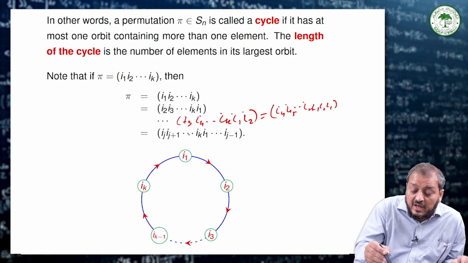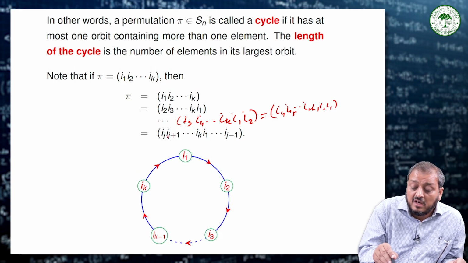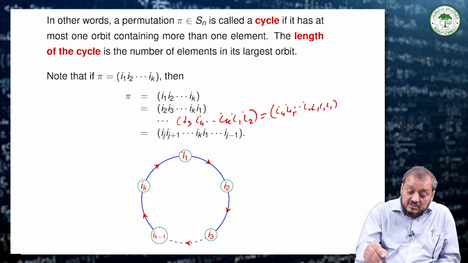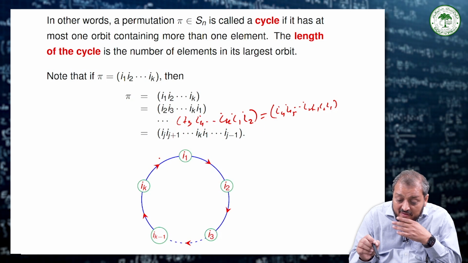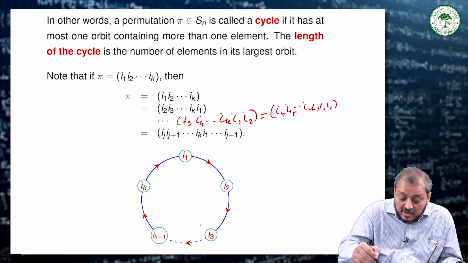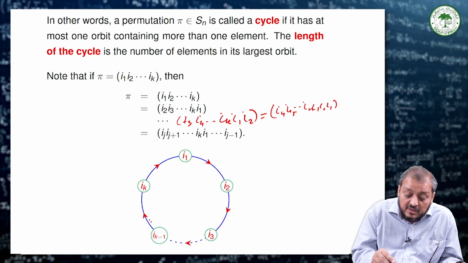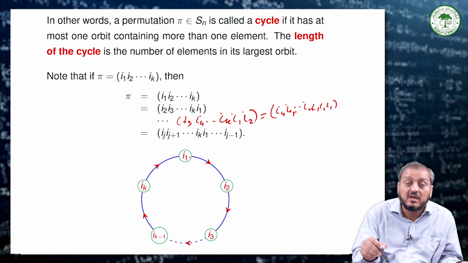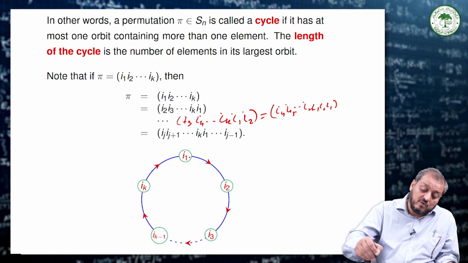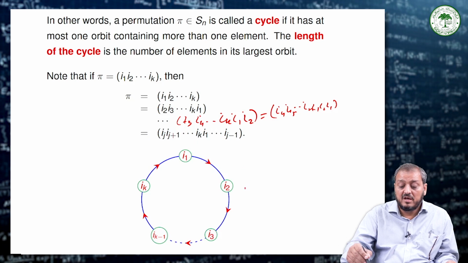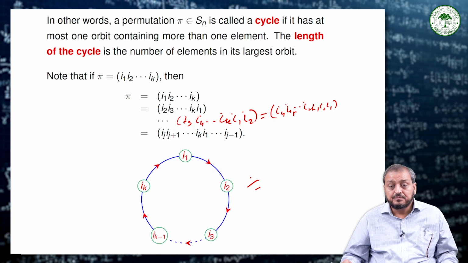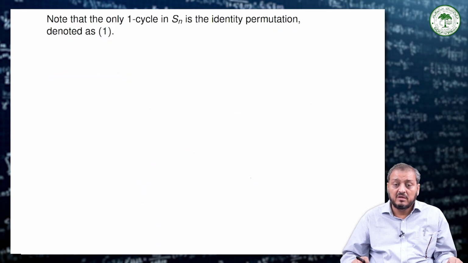In the last we can write (i(j plus 1) ... ik i1 ... i(k minus 1)). This figure shows that i1 goes to i2, i2 goes to i3, and so on up to i(k minus 1) goes to ik, and ik goes again to i1. This figure shows the cyclic notation of this cyclic group.